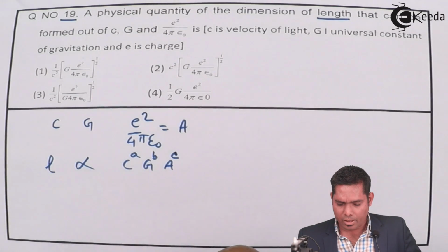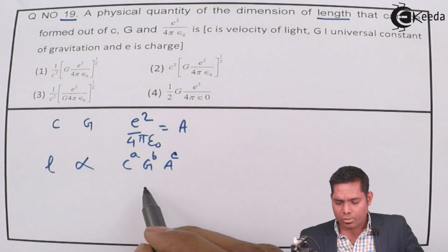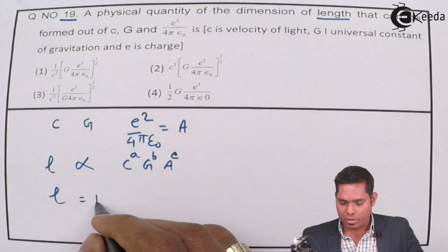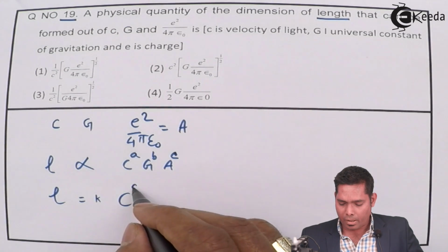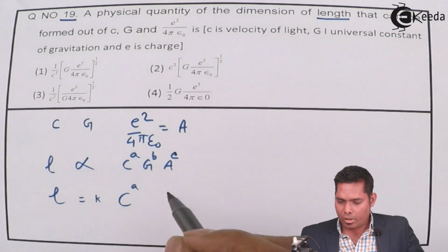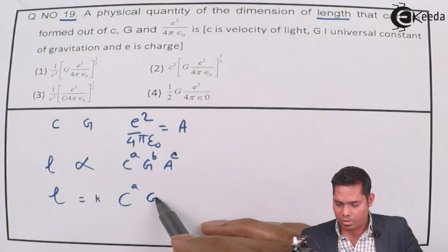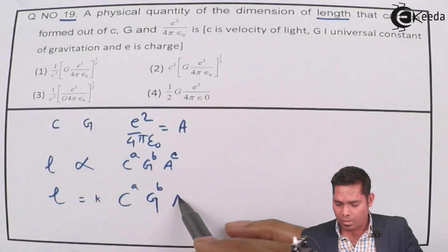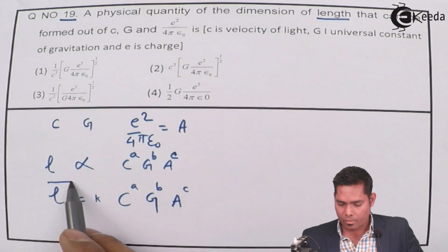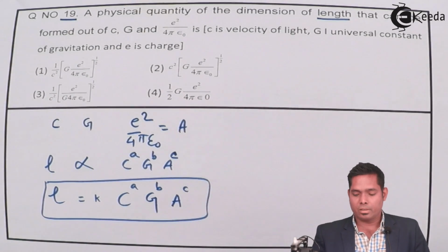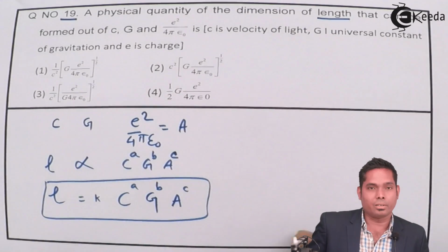This is the speed of light. So I have to solve this using dimensional analysis. L is proportional to c to the power a, G to the power b and A to the power c. I have to solve these using dimensions and I will get one of the answers.